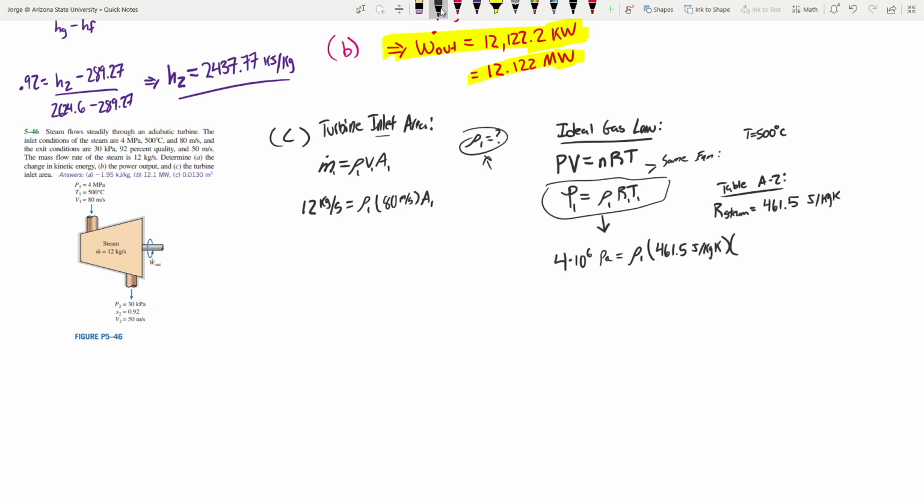So 500 degrees Celsius, to get it to Kelvin, add 273.15. So we get 773.15 Kelvin. Okay, and then if we solve for rho, you get that rho 1, or rho of the steam, is 11.215 kilograms per meters cubed. I'm sorry, that's not our final answer.